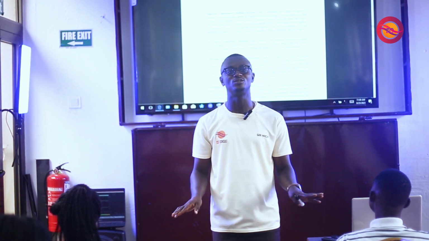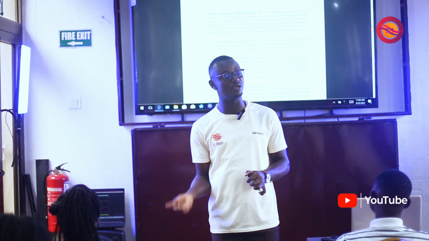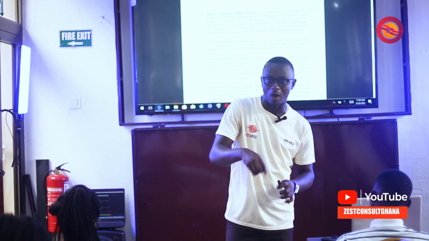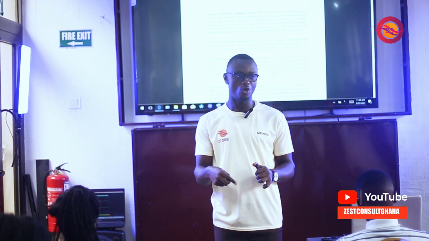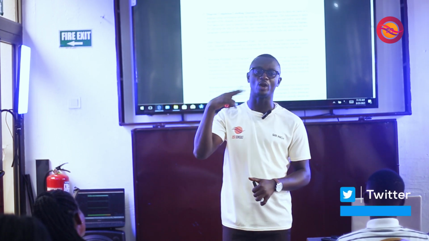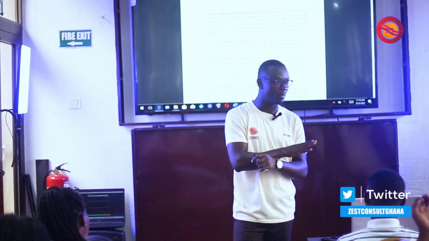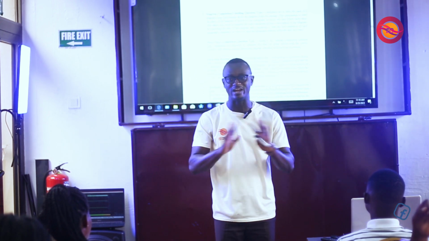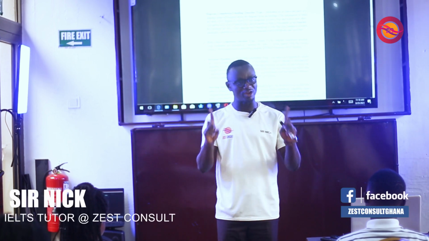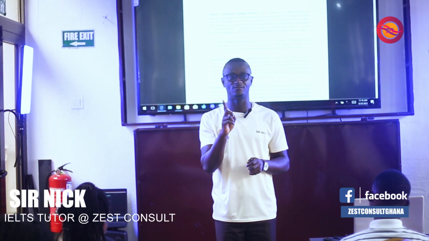If the question says, do not choose or choose no more than 2 words, make sure that the words you are extracting from the passage hover around either 1 or what? If it becomes more than 2, that is 3 or more, you are going to be marked wrong, regardless of the accuracy of the answers. So the instructions are as good as the answer in itself.